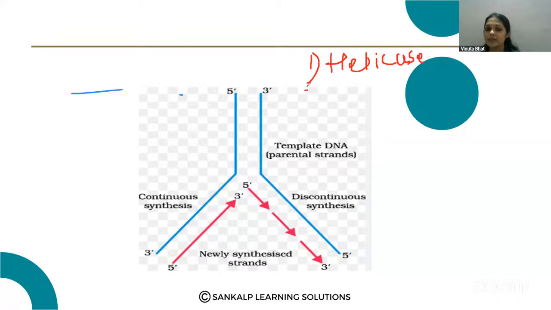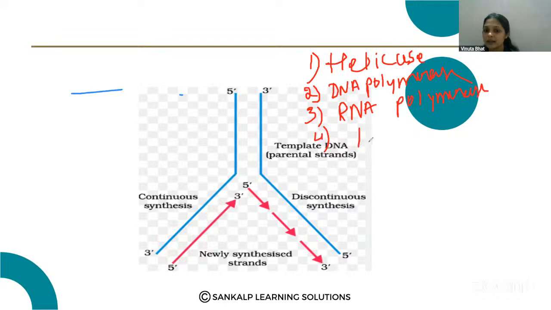Many times you get confused about replication and don't understand it, so understand it correctly. The second enzyme is DNA polymerase. The third is DNA dependent RNA polymerase enzyme, RNA polymerase, and the fourth one is ligase, DNA ligase enzyme.